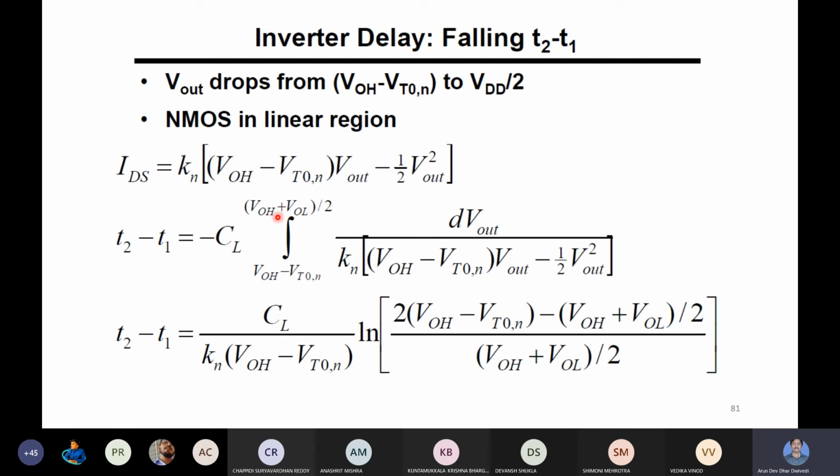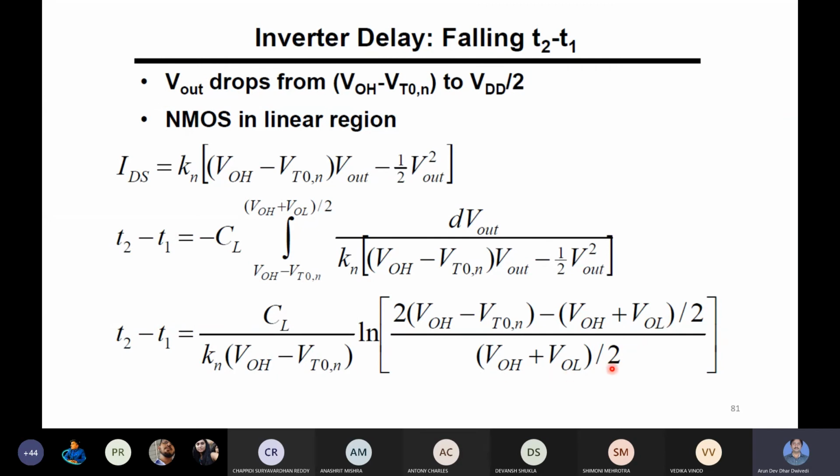It is already in generalized form, written as VOH plus VOL by 2, and dV out over Kn [(VOH minus VT0n) Vout minus half Vout squared]. Finally, when the integral is done, we get this new term: CL by Kn (VOH minus VT0n) times ln of [2 (VOH minus VT0n) minus (VOH plus VOL) by 2] over (VOH plus VOL) by 2.